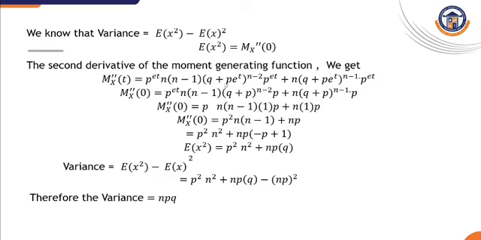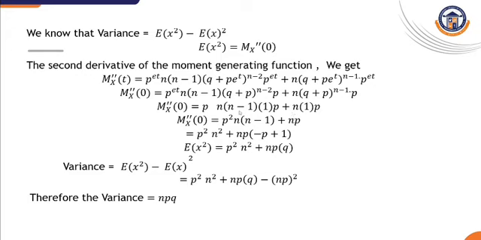Substituting here, we get anything power n minus 2, with q plus p equal to 1. This entire value becomes 1, and substituting the t value 0, we get only p: n into n minus 1 into (q plus p equal to 1) into p, and this one n into 1 into p.